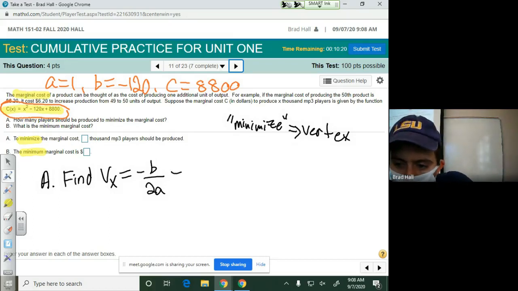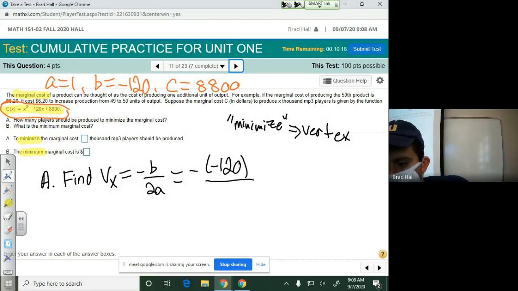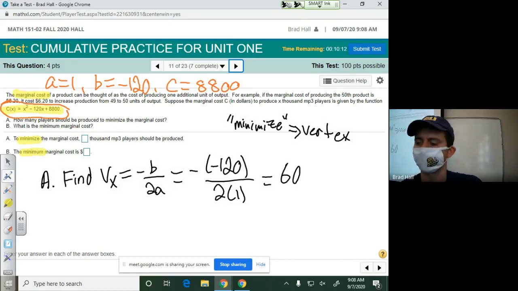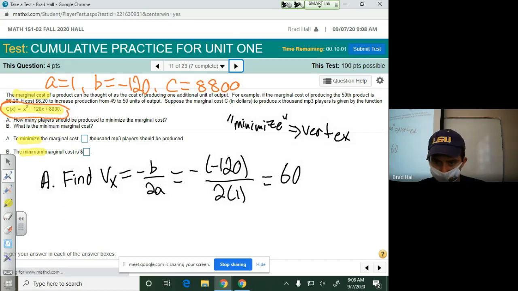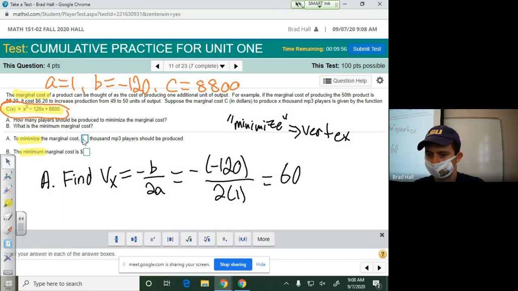So if we plug everything in, we will just get 60. Because it's minus negative 120, so don't forget that. It's minus negative 120 divided by 2 times 1. So here the 8,800 doesn't even come into play.